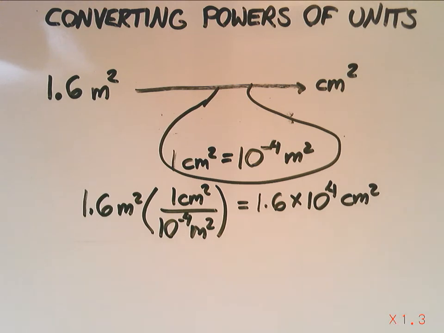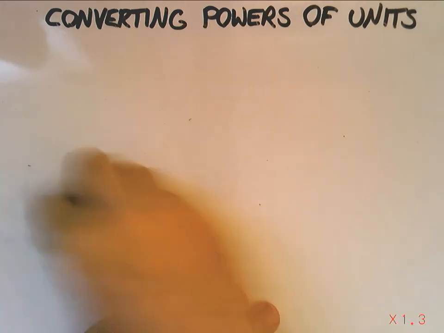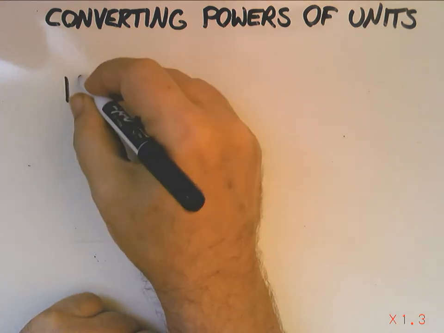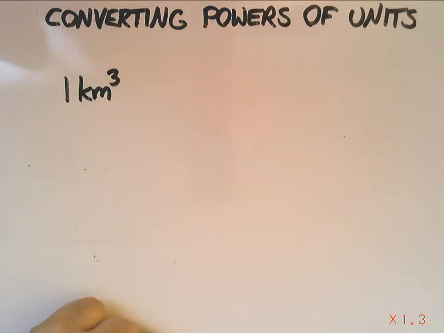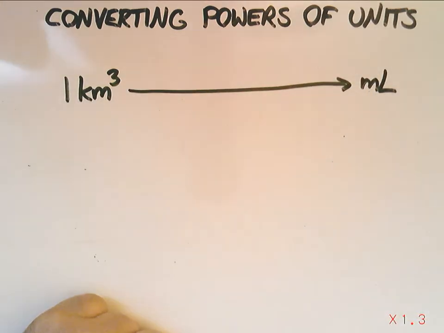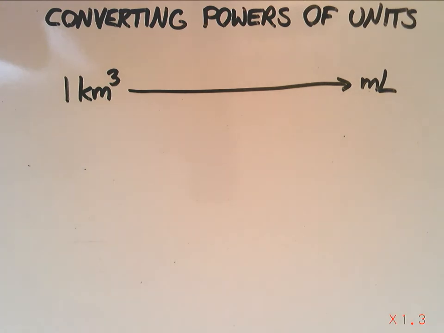All right, you can also do this not just with areas, but also with volumes. So suppose I have a cubic kilometer of seawater, and I want to figure out how many milliliters of seawater that is. There is a conversion factor I gave you before that will connect volumes as cubed lengths with volumes in terms of liters.